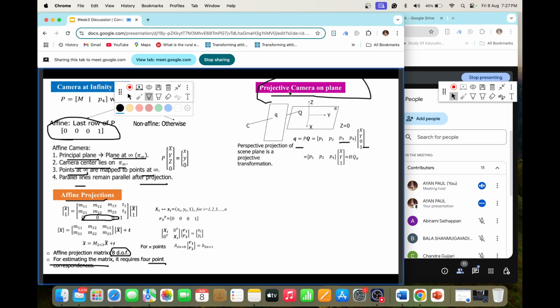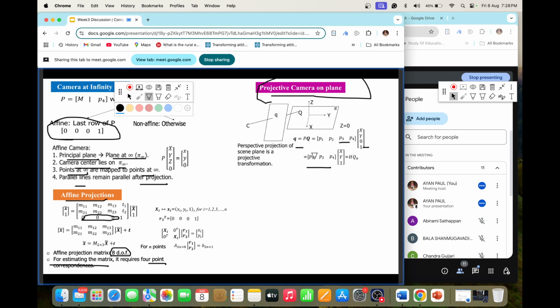This is known as projective camera on the plane, because the point is at the principal plane. In this case the effect of p3 will diminish, so we can write this as p1, p2, p4 and x, y, 1. When it becomes p1, p2, p4, we are removing one column, the p3 column.